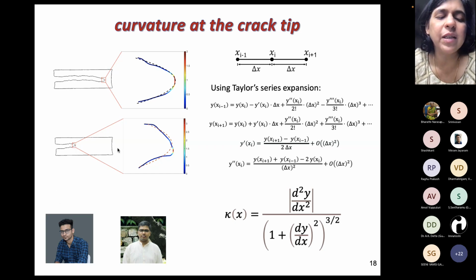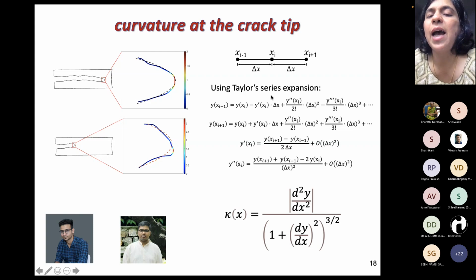So Anshul has worked with Supreet on this work. And what we did was we looked at a single point xi where we want to calculate the curvature. We look at a bunch of points before xi and after xi and use a Taylor series expansion and can write an expression for kappa, which is the curvature, based on this kind of a function over here. Where i can be any variable, it's essentially looking at some kind of a spline fit.